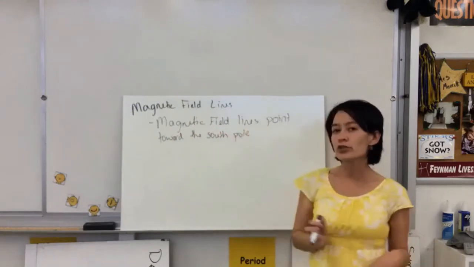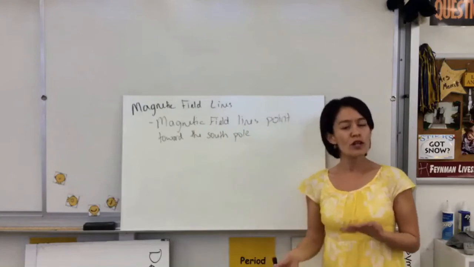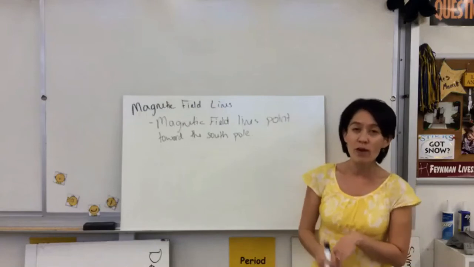It's a little counterintuitive because we always think our compass points to the North Pole, and that's true. The compass points toward the geographic North Pole, but it's actually the magnetic South Pole.